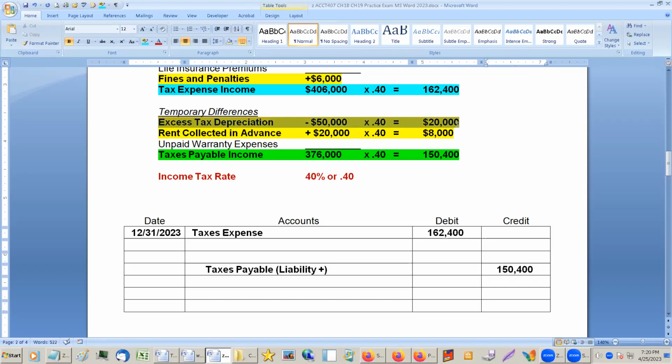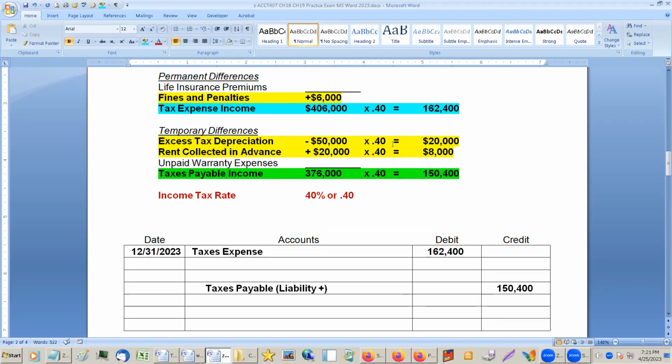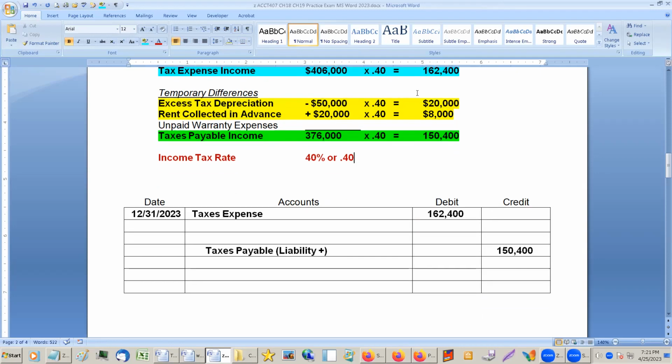Okay, this excess depreciation, is this going to be a liability or an asset? The 20,000. Liability. Yep.